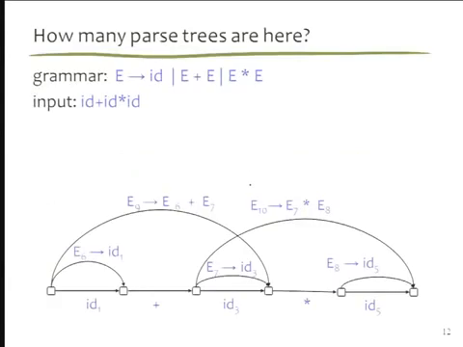Okay, so let's move to ambiguity. Now things become more interesting. Have a look at the grammar. This is a very simple grammar of expressions. You can have variables, plus, and multiplication. And here is our input, which is at the bottom. Question number 1. Is this CYK graph complete?